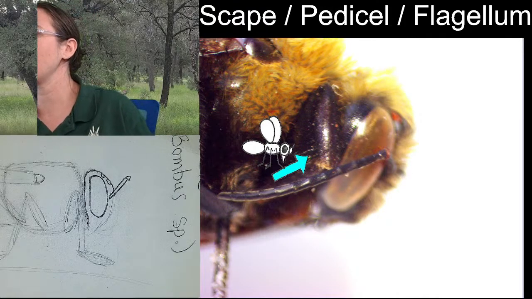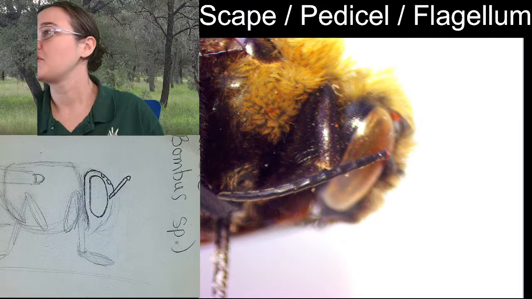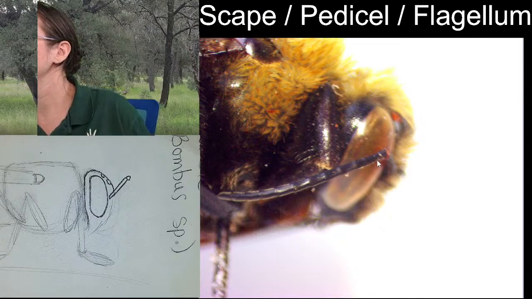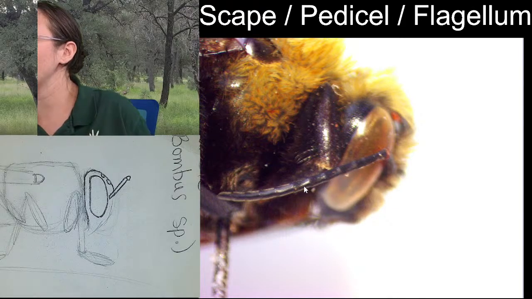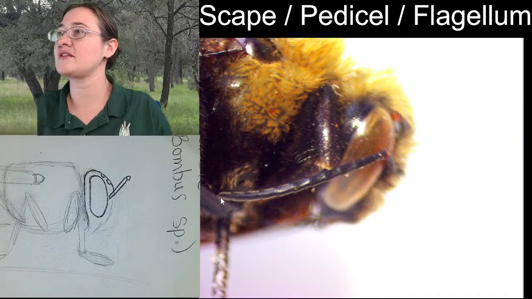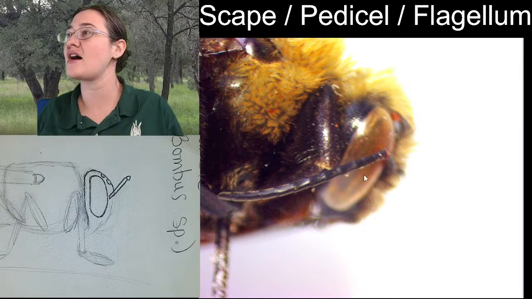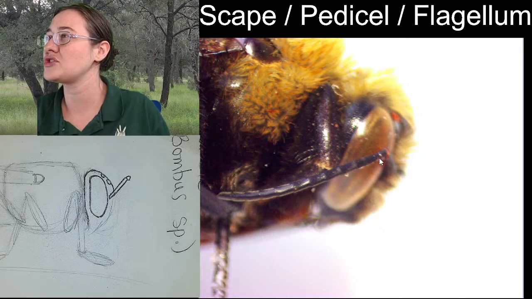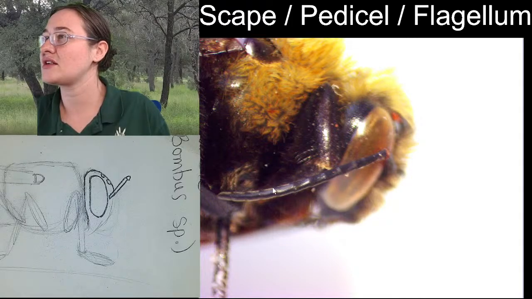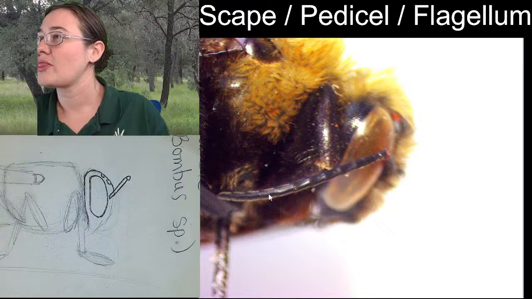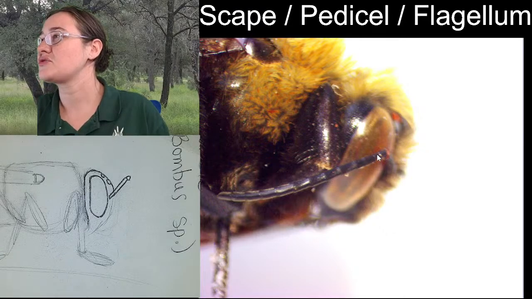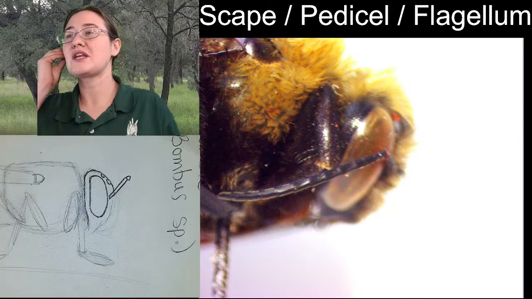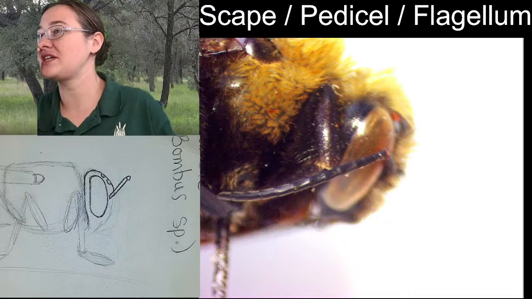So it looks like we have 1, 2, 3, 4, 5, 6, 7, 8, 9, 10, 11, 12 segments of the flagellum, which would give us a 14 segmented antenna. I do believe that is 14 segments.